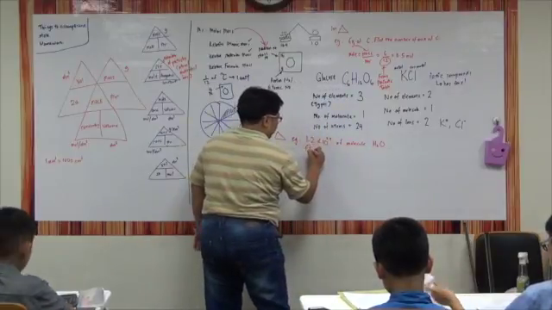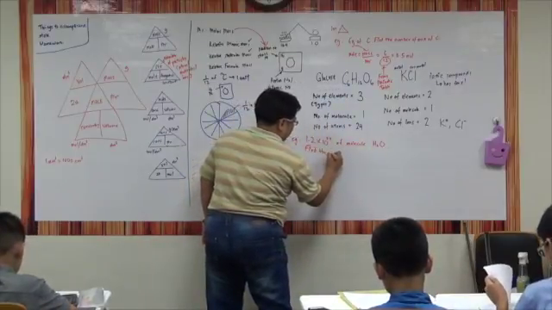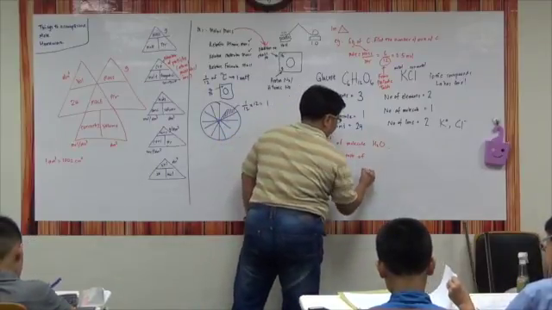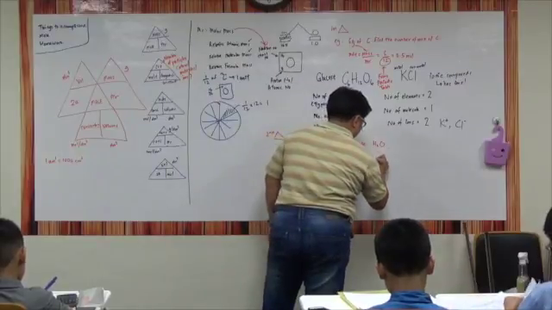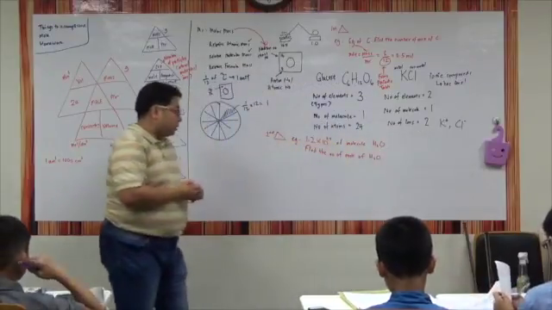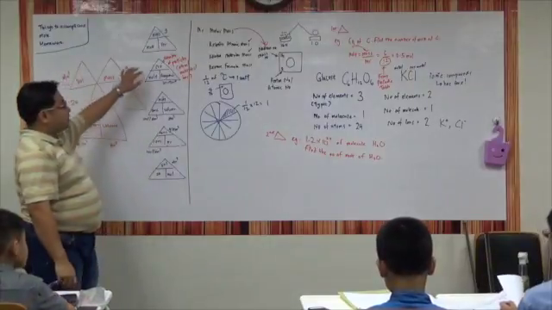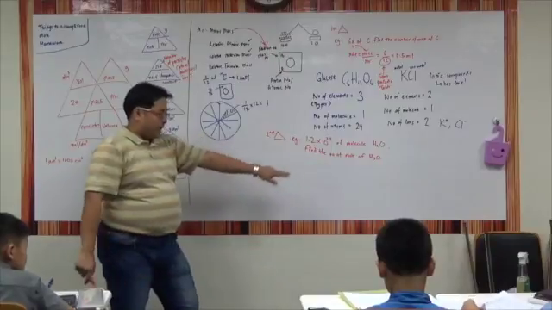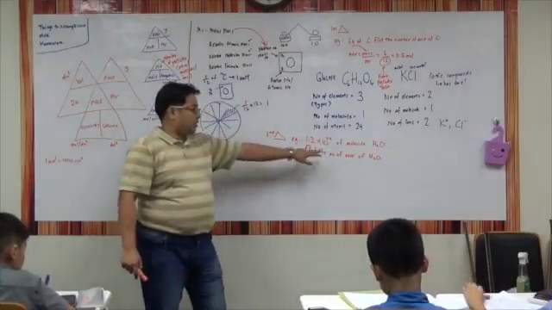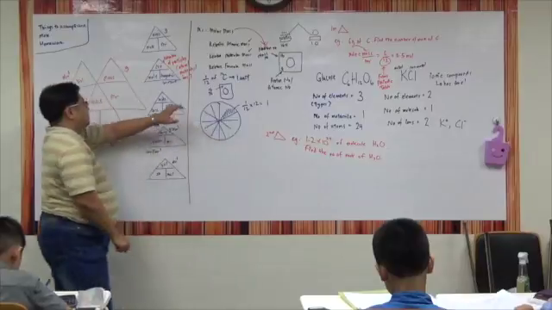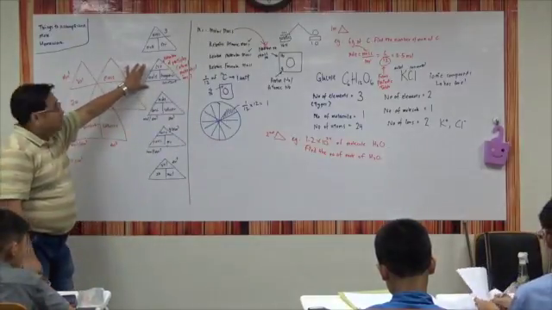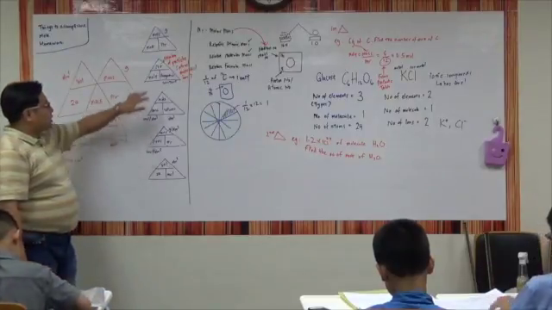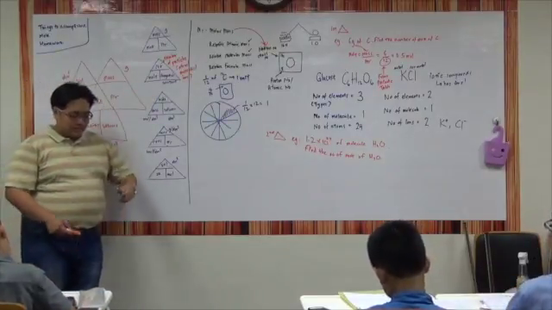Then they ask you to find the number of moles of this H2O. So make use of this. When they talk about molecules, or atoms, or ions, automatically the triangle you need to recall is this. So how do you find the mole? What is Avogadro's constant?